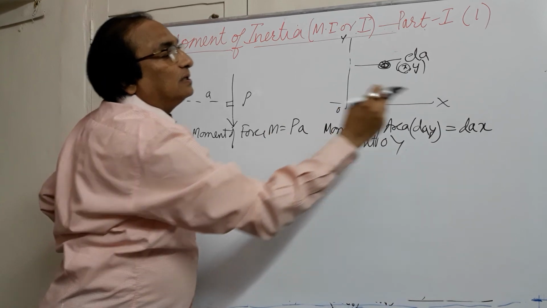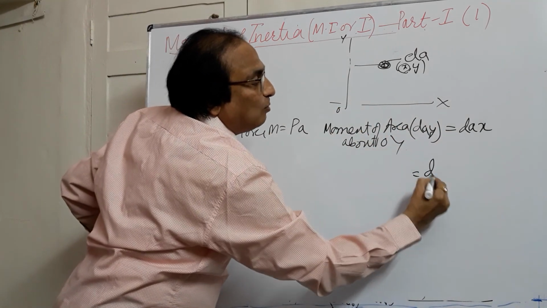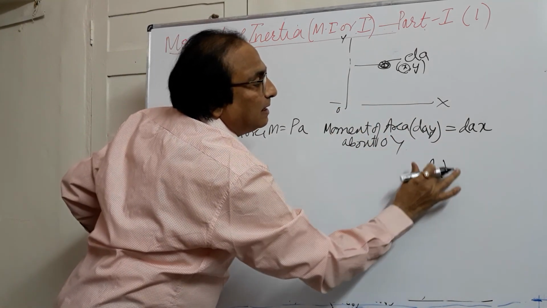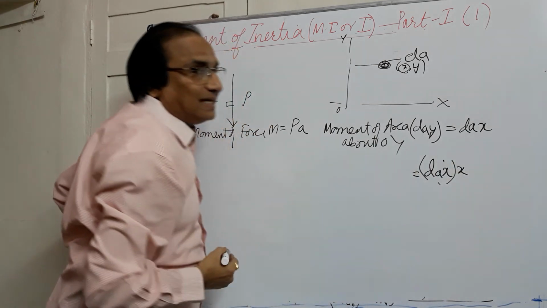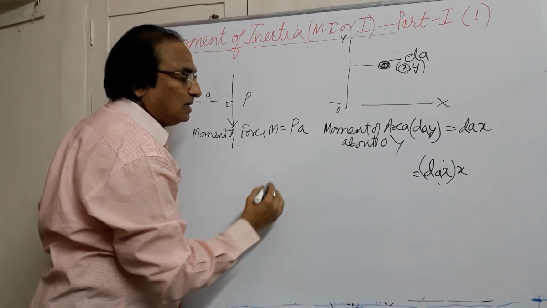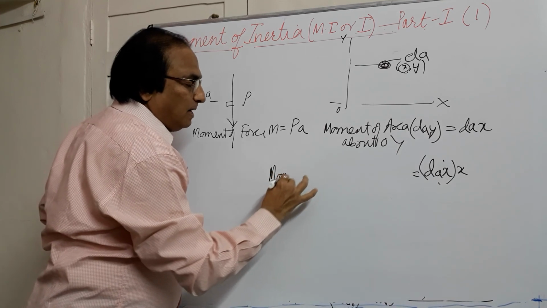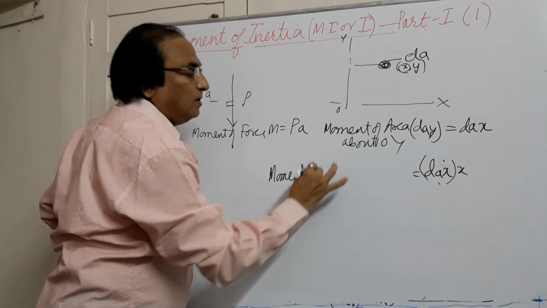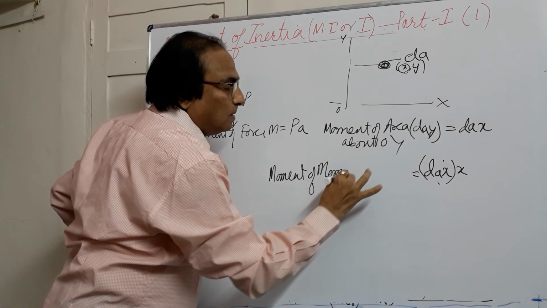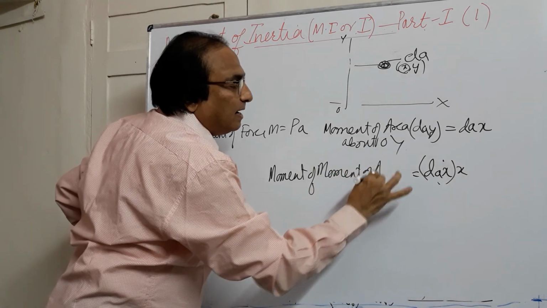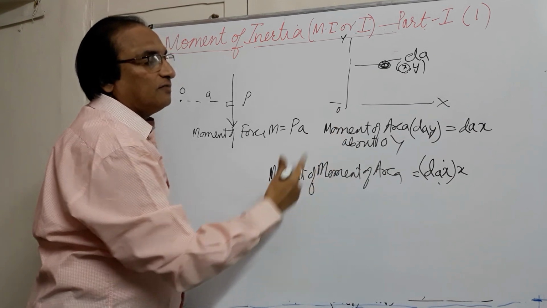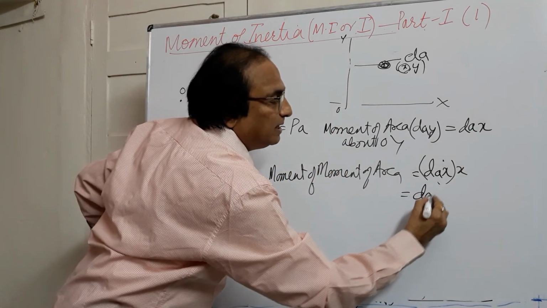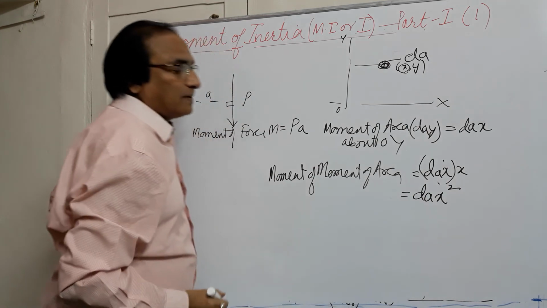Now what I'll do, this moment of area I'll once again multiply by the same perpendicular distance x. So what I am doing is I am taking moment of area. This is moment of area, this is moment of area. So this will be equal to dA into x square.